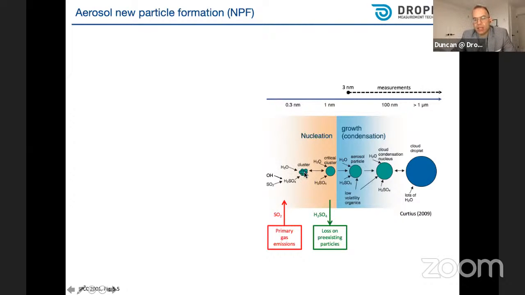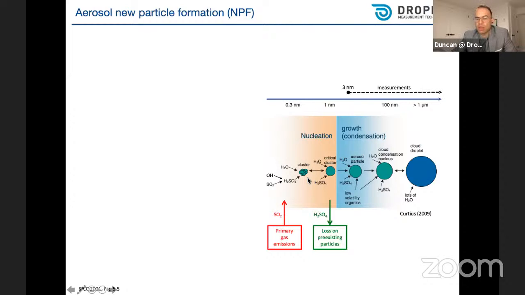And several clusters need to combine together in very favorable conditions where you have high concentrations of stabilizing vapors and few pre-existing aerosol particles, because pre-existing aerosol particles act as condensation sinks for the stabilizing vapors.